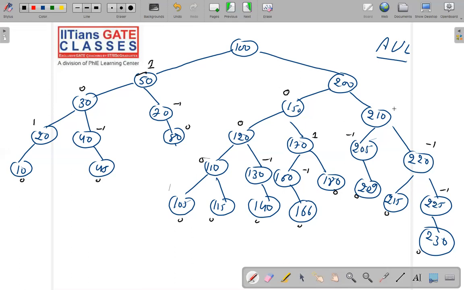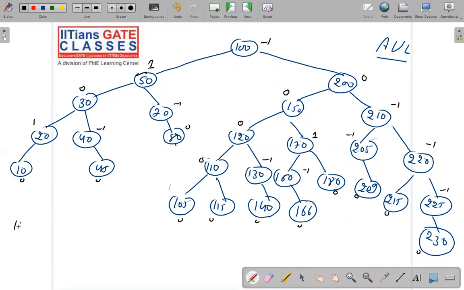Here the height of the right is 5 and left is 4, so it's -1 here. So now you can see it's balanced.